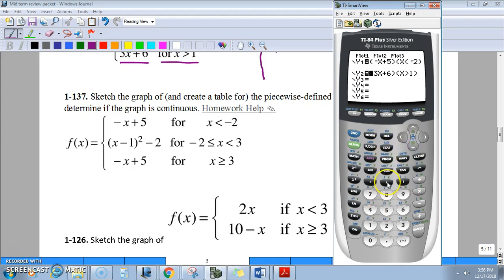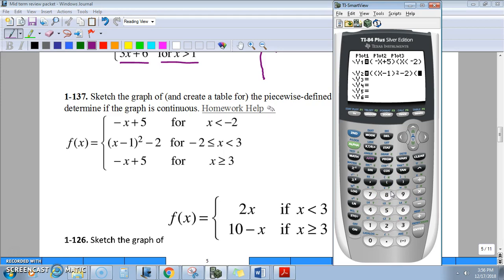I'm going to arrow down, parenthesis, parenthesis, parenthesis. I need 2 there because, as you can see over here, my function has a parenthesis in it also. Then x minus 1 parenthesis squared minus 2 parenthesis, because that's the end of the equation.